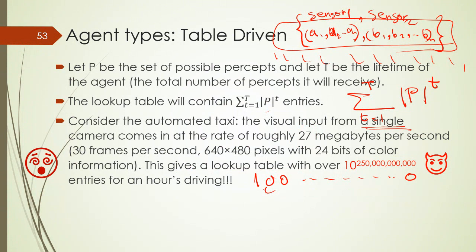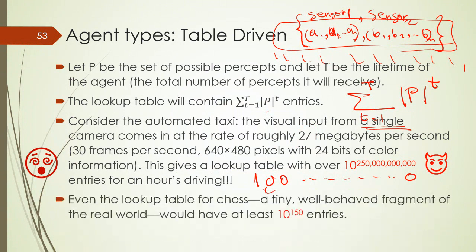So how about simpler cases? Let's play chess with it. Even with chess, if you want a table-driven chess player agent, total entries will be this number, 1 with 150 zeros in front of it. Huge.